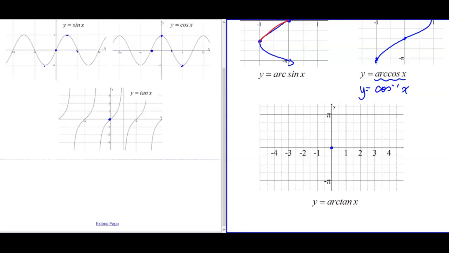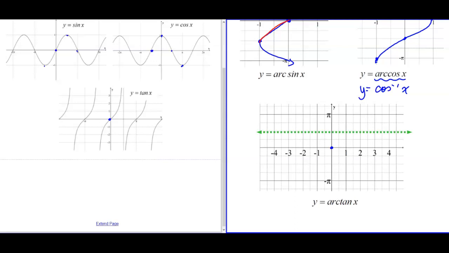This asymptote at pi over 2 for x becomes the horizontal asymptote at pi over 2 for y. The inverse of a vertical line is a horizontal line.